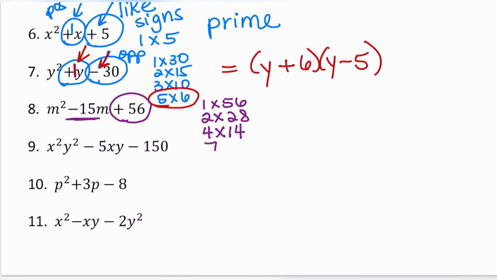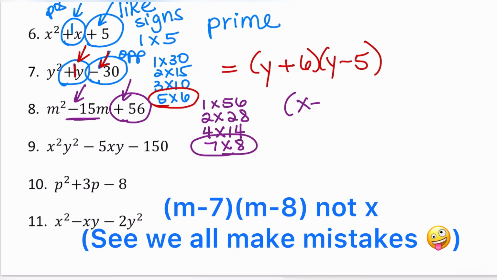And then 7 times 8. That's basically all the numbers that multiply to give me 56. The last one is positive, meaning like signs. That means they both have to be negative numbers. They have to add to give me negative 15. So my answer has to be 7 and 8. So x minus 7 times x minus 8.